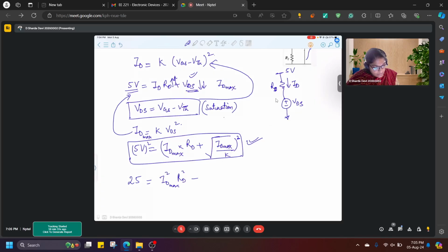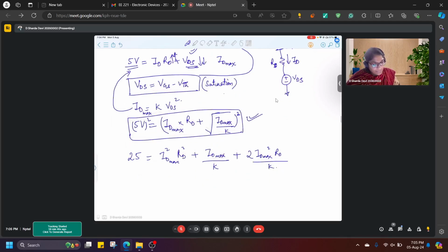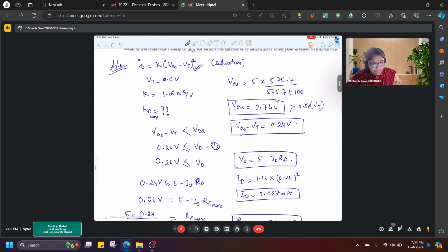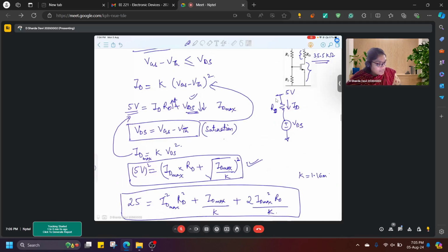Here everything is known, like you know RD, and you know K from the previous question, that is 1.16 millisiemens per volt squared.